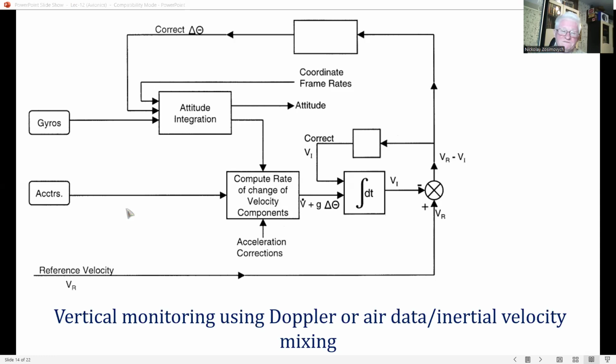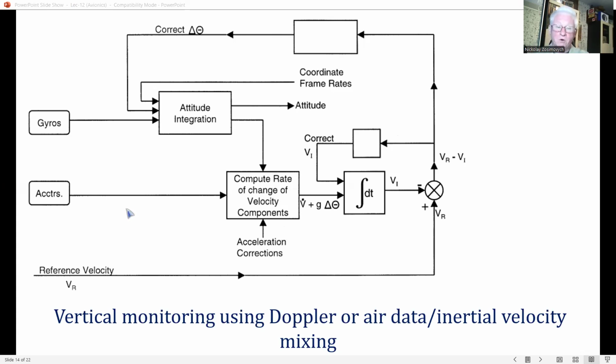The inertially derived velocity components are therefore compared with the velocity components measured by the reference velocity system. The velocity differences are then fed back to correct the vertical error in the attitude reference and the inertial velocity error. And this figure on this slide illustrates the basic concept.